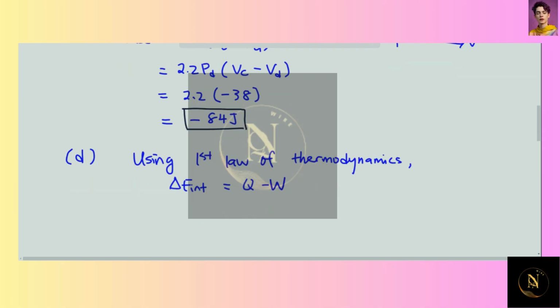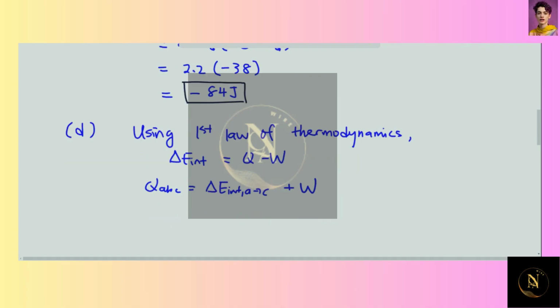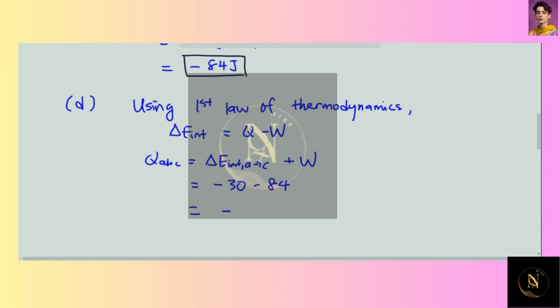So QABC is delta E internal from A to C, which is negative 30, plus W. From A to C is negative 30; from C to A it's positive 30. So you have negative 30 minus 84, and you get minus 114 joules. This is the answer for part D.